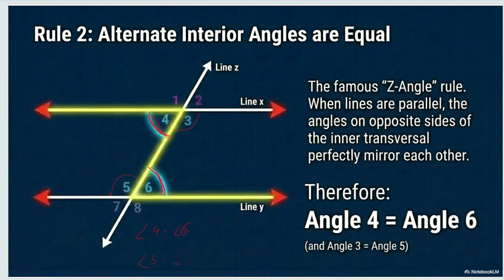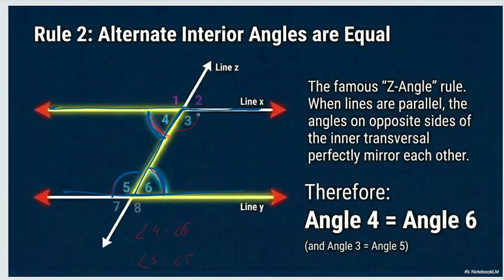So how will you identify that they are making alternate angles? You have to make a Z symbol. So here you can see the Z is like this. So angle 4 and angle 6. And you also make a Z like this.